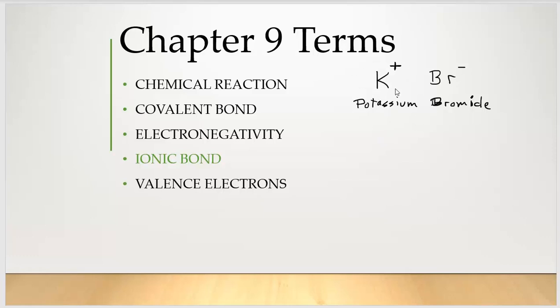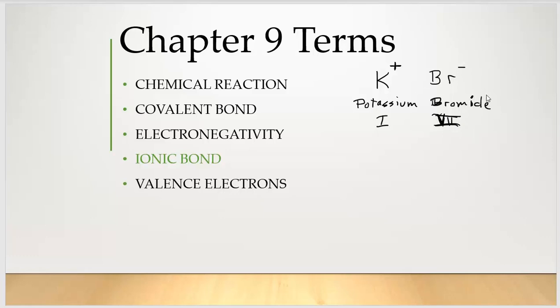But where it is on the table is important because this is in group 1 and this is in group 7, right? So this is bromine.